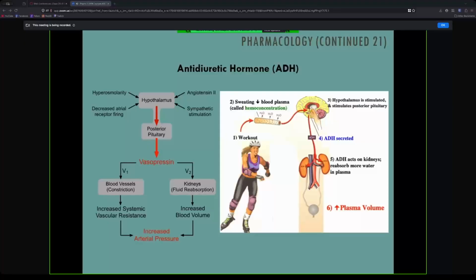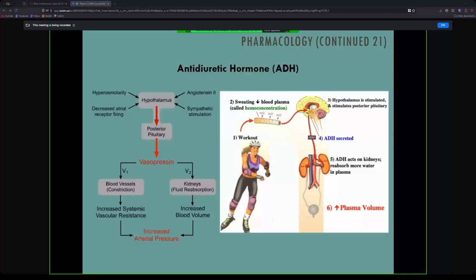Then there are two receptor sites that we mentioned. V1 receptors on the vessels are going to constrict, which increases systemic resistance, versus the other end organ target, V2 at the kidneys. That's going to cause fluid reabsorption at the kidneys, which in turn is going to increase arterial pressure as well.